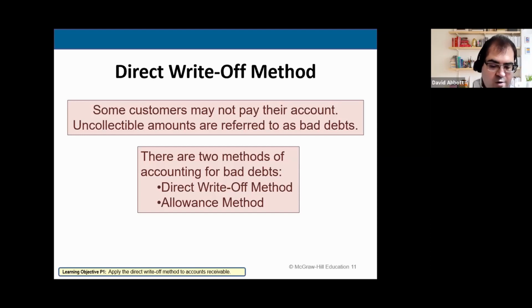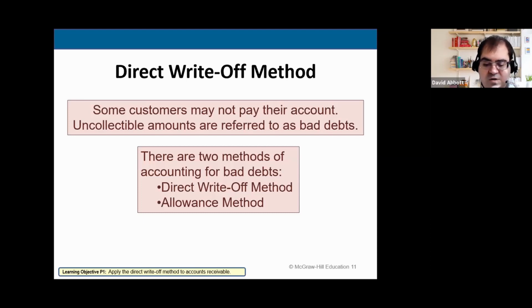When a company grants credit to customers, it expects some customers to not pay when they promised. The accounts for those customers are uncollectible accounts, also called bad debts. The total of uncollectible accounts is an expense of selling on credit.